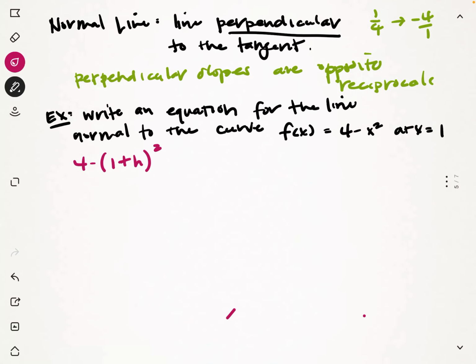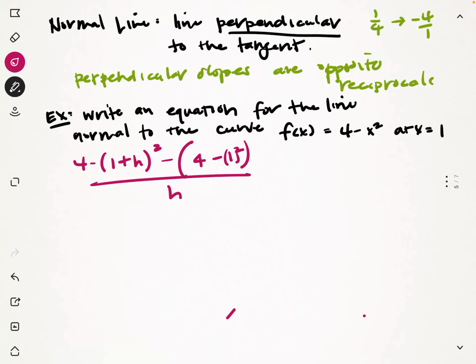We're using the form f of x plus h minus f of x over h. So subtract, let's put big parentheses here, 4 minus 1 squared. We put the big parentheses to make sure that we remember that minus sign applies to the whole right side. And put that over h.